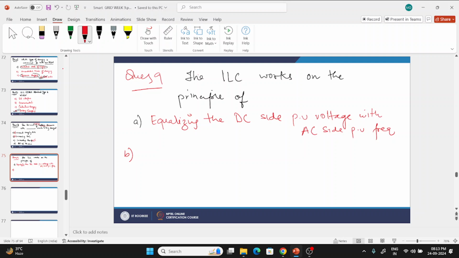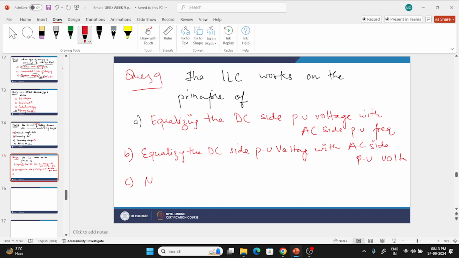B, equalizing the DC side per unit voltage with AC side per unit voltage. Okay.